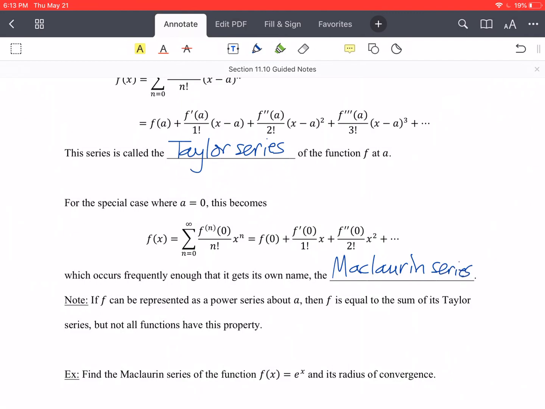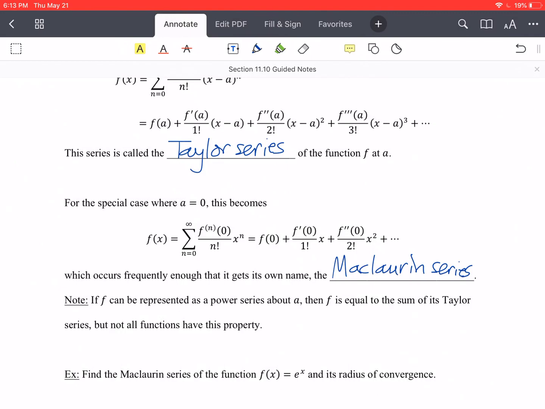The name is a little bit deceptive because Maclaurin did not create this series, actually Taylor did. But Maclaurin was the one who then popularized the use of this series a little bit after that in his own publication. So he gets the namesake of this one.